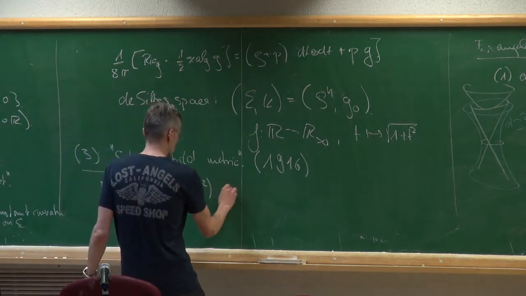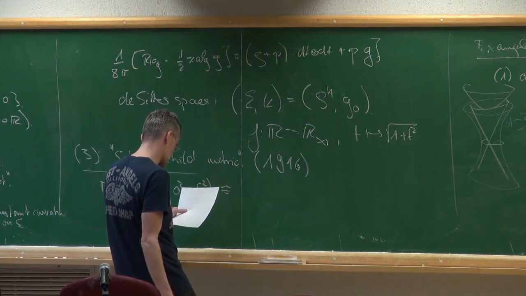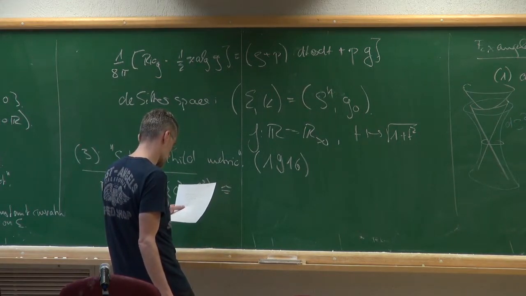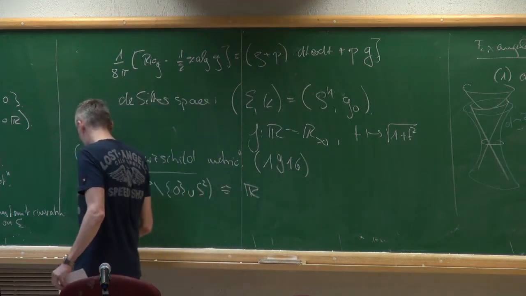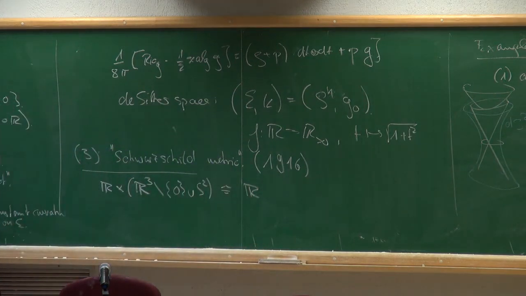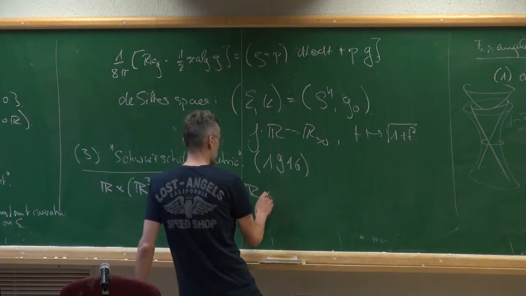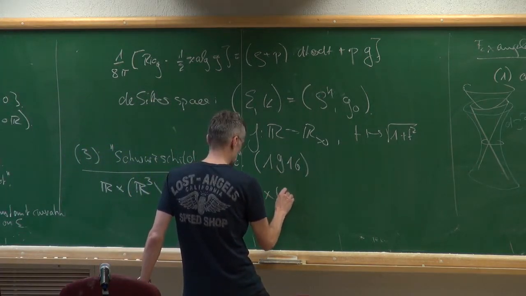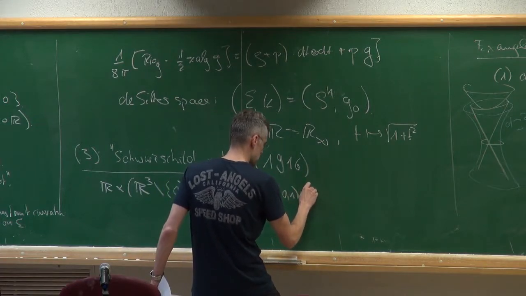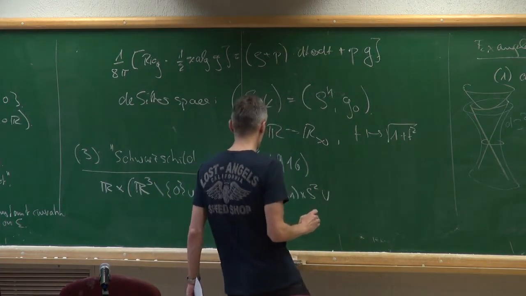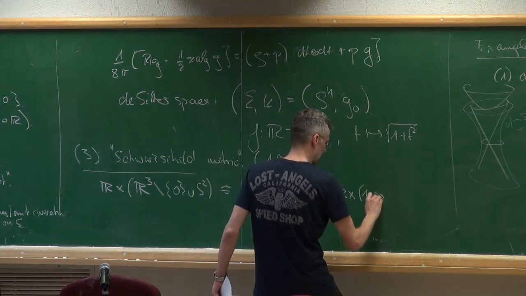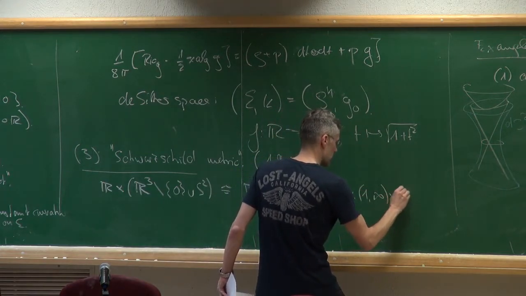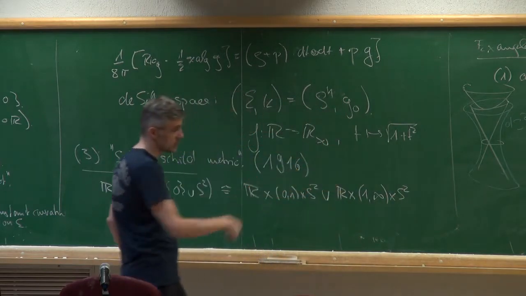This has two regions, two connected components. This is R times (0,1) times S2, disjoint union with R times (1,infinity) times S2.